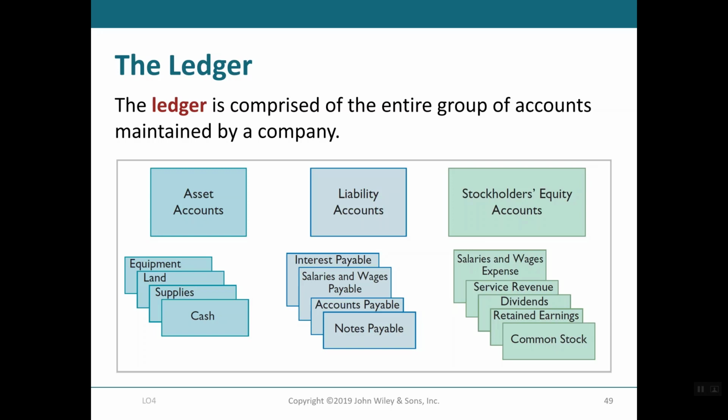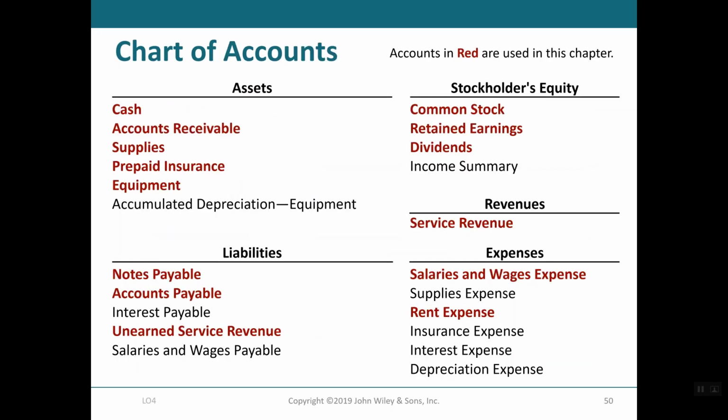Under that, we have the salaries and wages expense, okay? We have the service revenue, we have dividends, we have retained earnings, we have the common stock, okay? So we want to have this at the back of our minds as we go. Everything we're doing in this chapter stays true to chapter 4, so keep this very dear to your heart, okay?